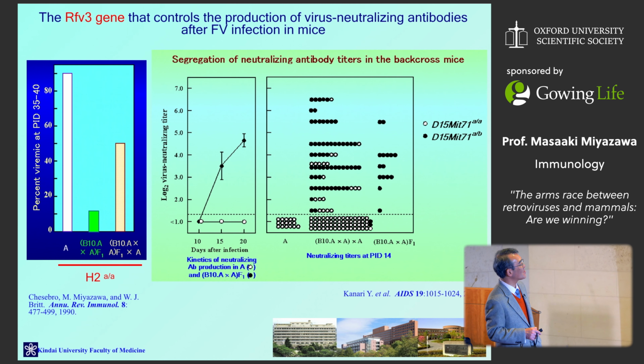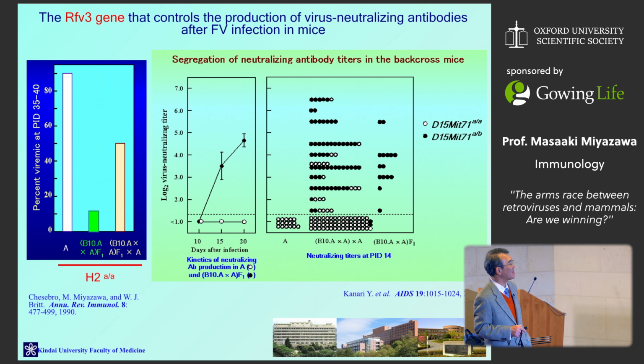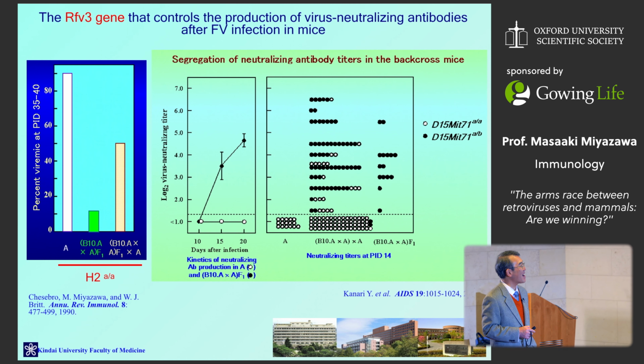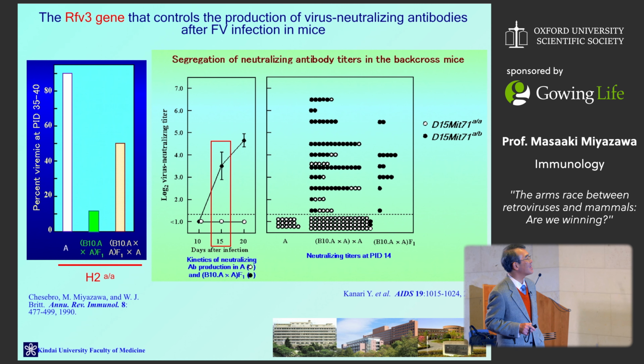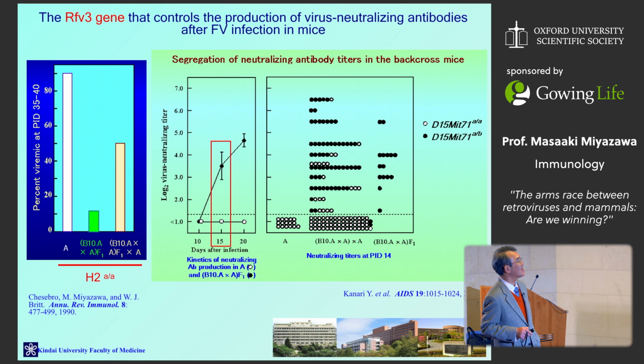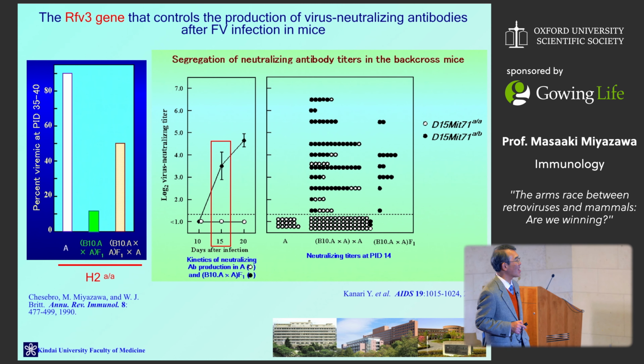Half of them produce neutralizing antibodies at 2 weeks after infection, but half of them did not produce neutralizing antibody. So we did all genetic analysis and found that when the back-cross mice possessed B10 or B6 derived genetic marker in chromosome 15, they produce neutralizing antibodies. If they lack the B10 or B6 derived genetic trait at this location in chromosome 15, they do not produce.